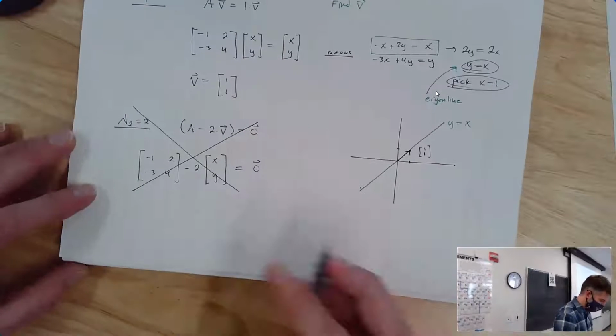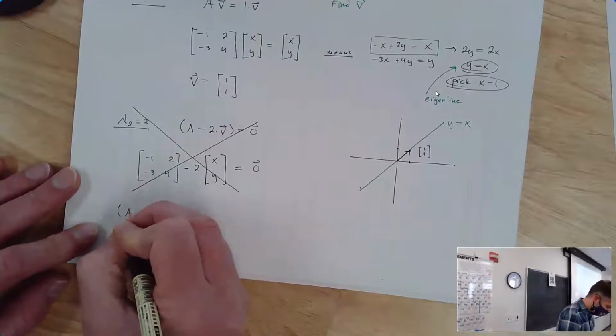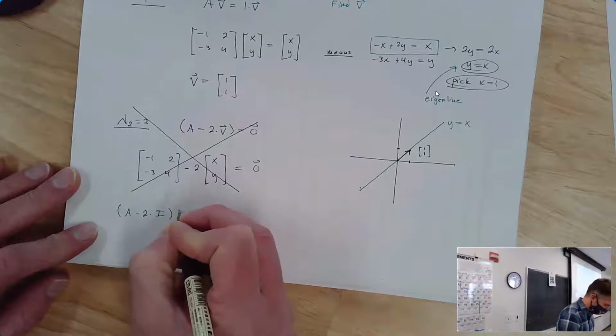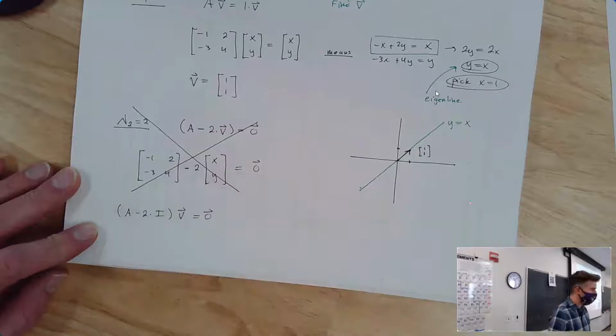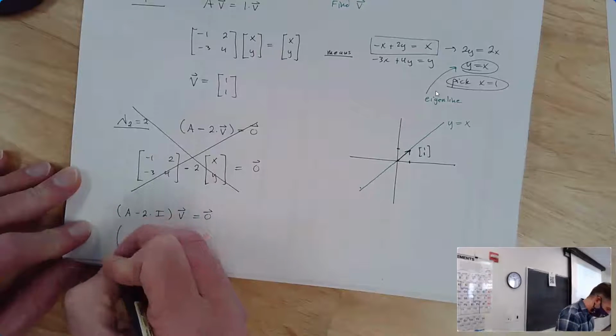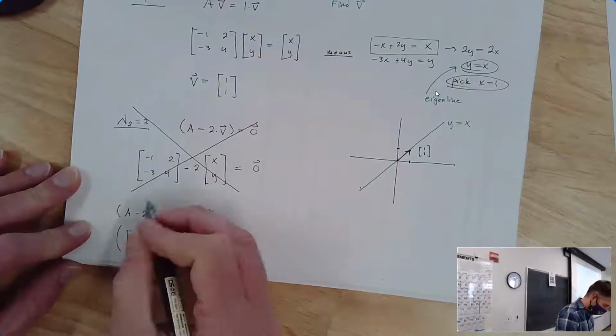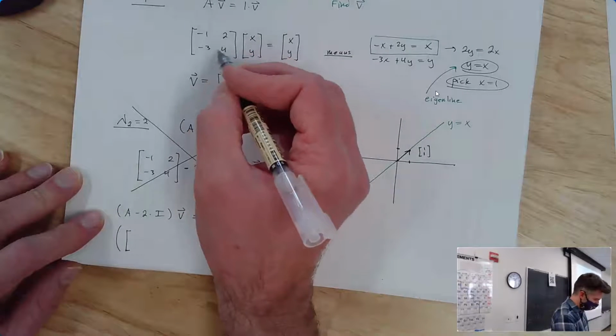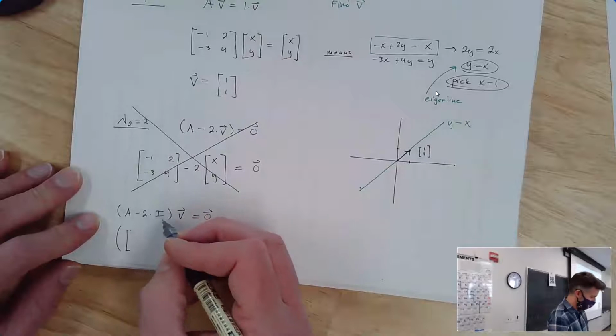We really should have been doing this. A minus 2 times the identity matrix times v is equal to 0. And again, I just want to do this as one thing, right? So A is -1, 2, -3, 4. And I'm subtracting 2 in the diagonals.